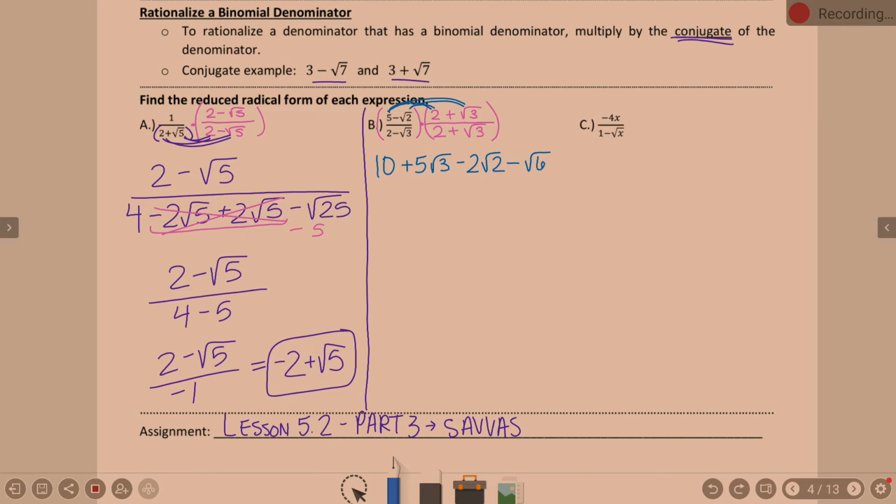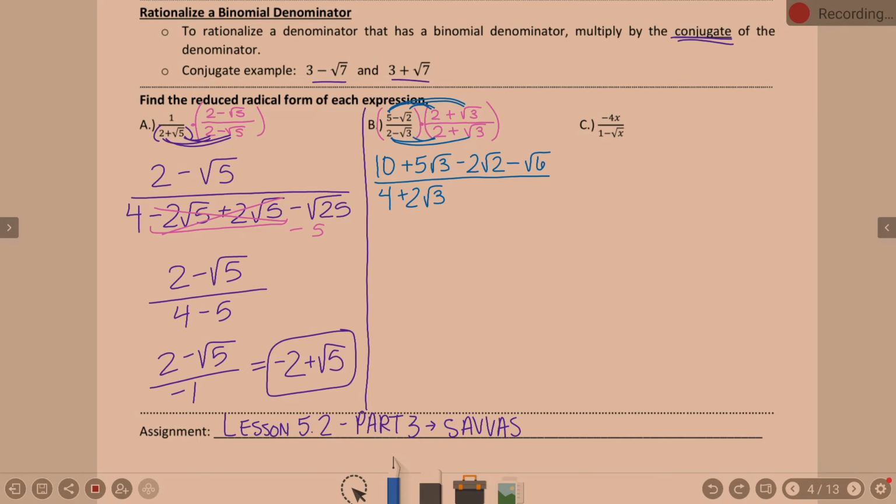Do remember, you can multiply any radicals together as long as they're the same type of root. Okay, denominator. Multiply also. 2 times 2 is 4. 2 times square root of 3 is plus 2 square root of 3.